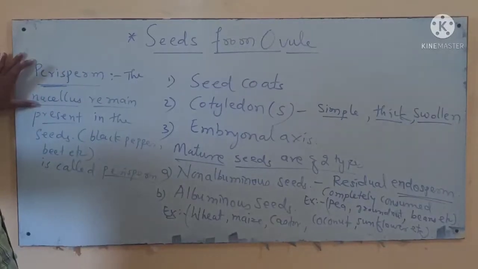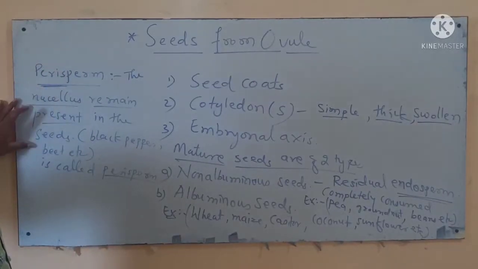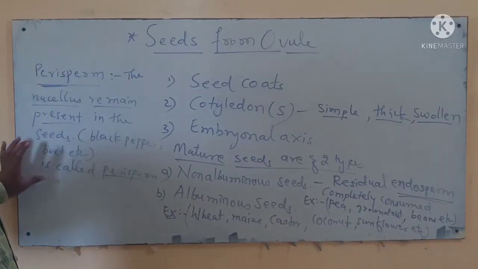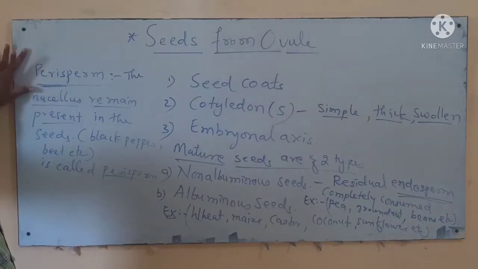So the nucellus that remains present in the seeds is called the perisperm. It is very important for a 1 mark question.